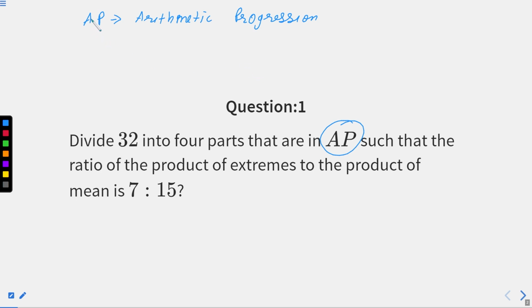So how does it look? The first element, suppose a, then the second element will look like a plus d, and the third element will look like a plus 2d, and so on.